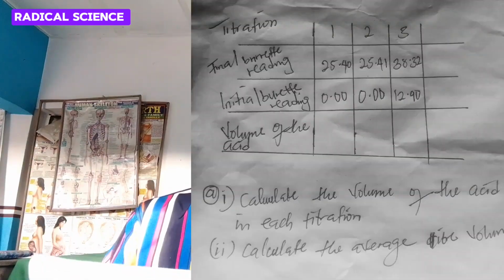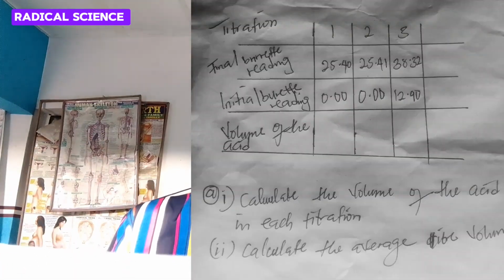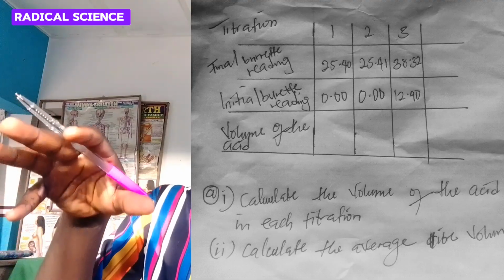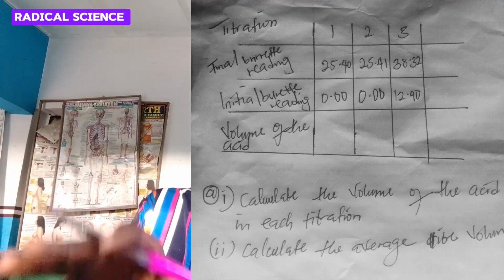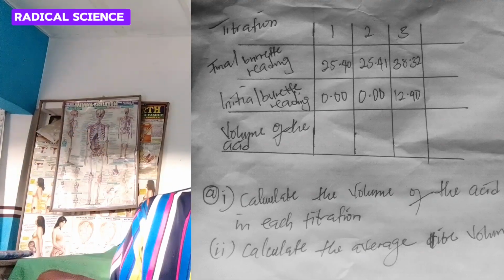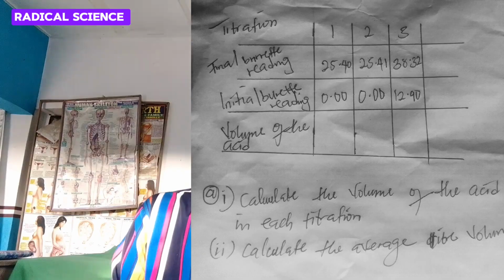So here they do the titration and place it on the table just as you are seeing on the screen. You don't need to start doing the titration by yourself. The titration has already been done, so it is now left for you to use your initiative, to use the table which has been given to you to do the calculations that will be asked.